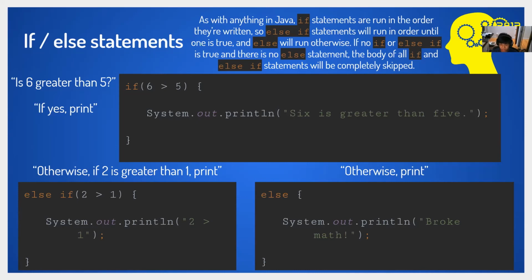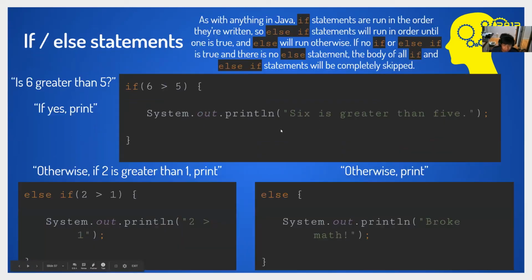If it's November, we'll say we're in middle autumn. And you can see here, if 6 is greater than 5, which is true, it's going to run the code inside the if. And if you have an else statement, it'll run something else.